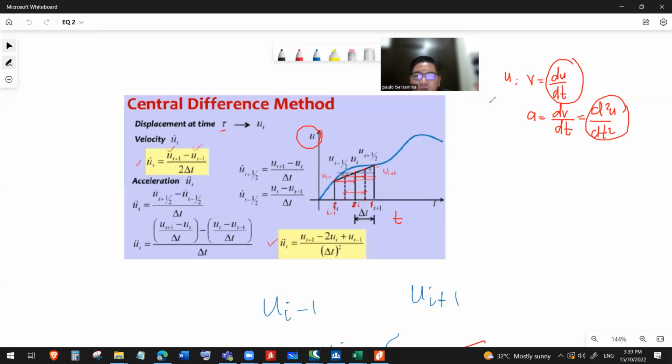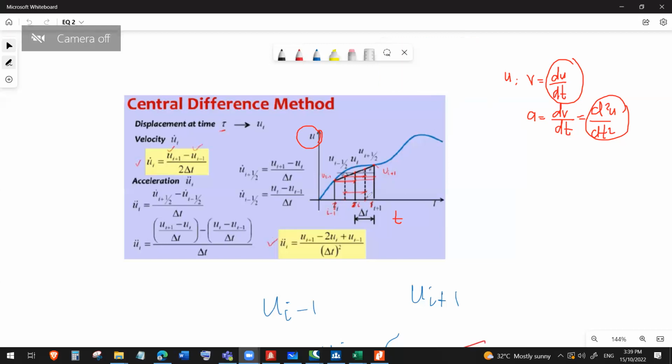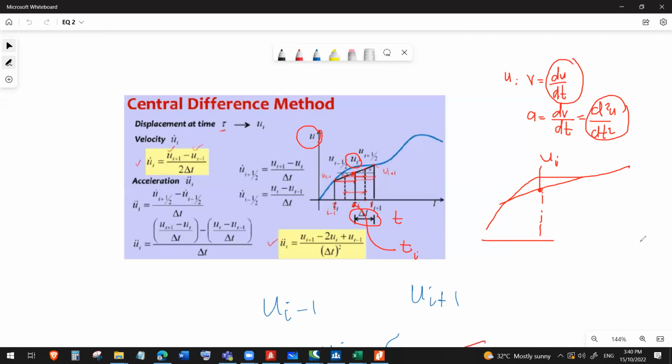So given the displacement time curve, say this is delta t, this one is delta t, and this portion here is u sub i. So if that is u sub i, therefore this is t sub i, right? So corresponding to u sub i is t sub i.